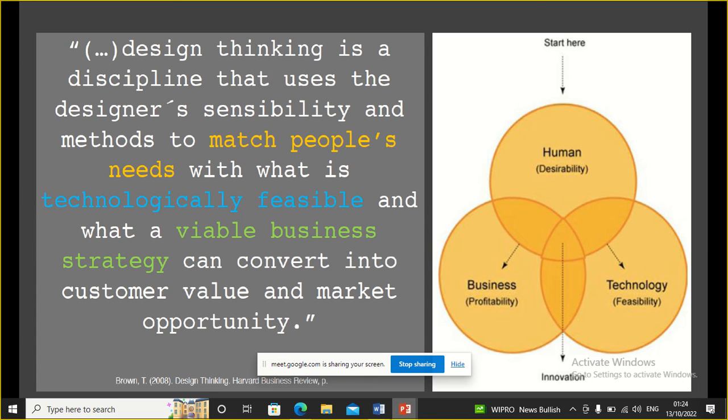First of all, the design thinking process has to give high priority to people's needs. That is, it is a human-centered approach. It has to give high priority to the needs and expectations of users, where the users themselves may not clearly understand their needs.